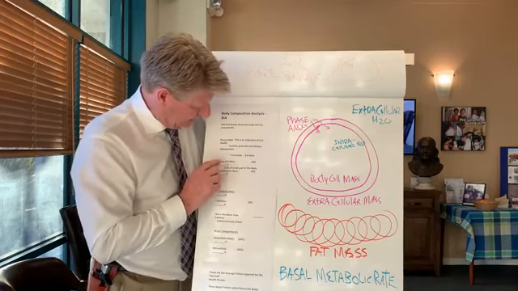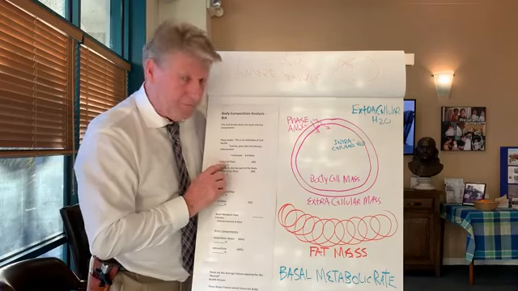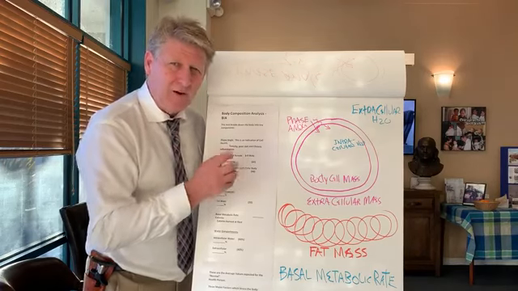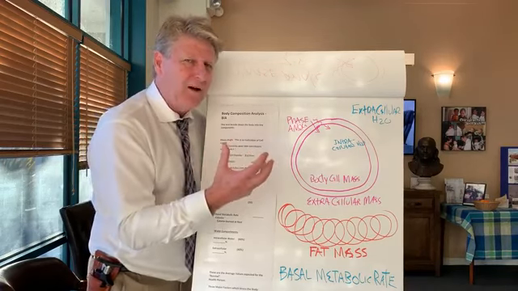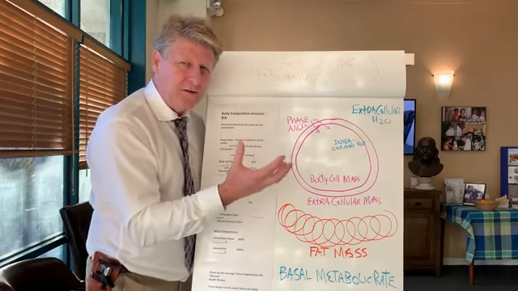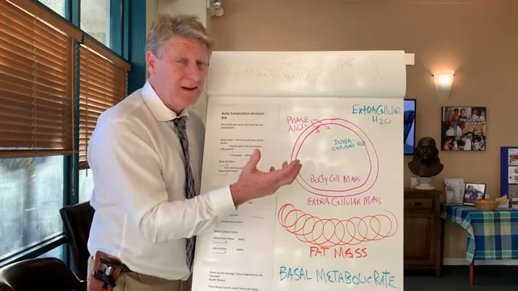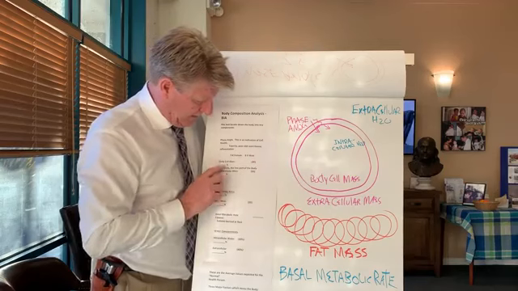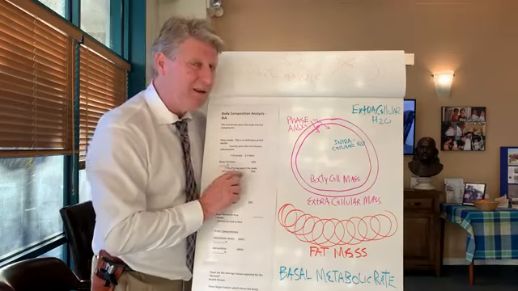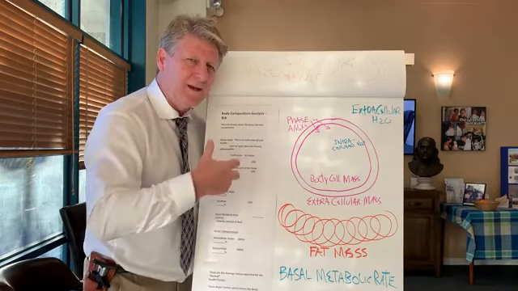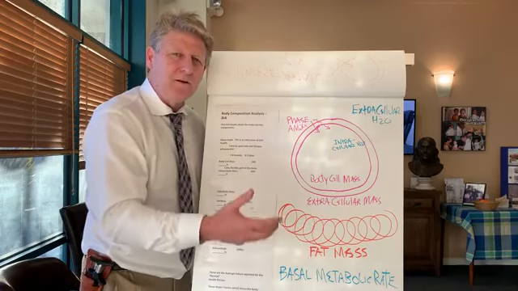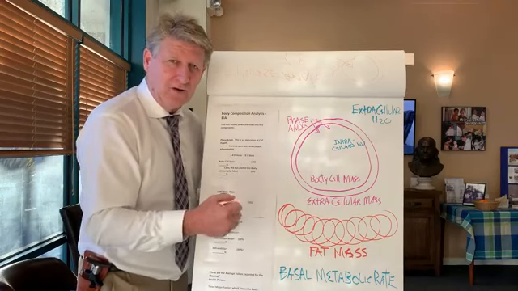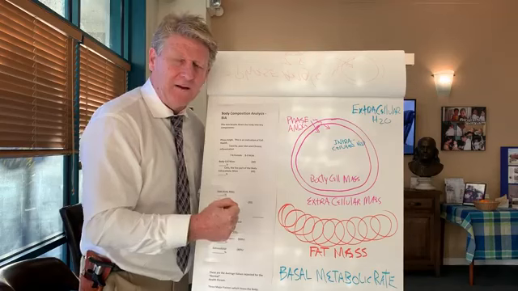As we move down, we're going to talk about body cell mass. The body cell mass is all of the living part of your body, all the cells, all 72 trillion of them. And then the extracellular mass would be everything outside of the cell. If you think about a car with a motor, the motor would be the power plant of the car.